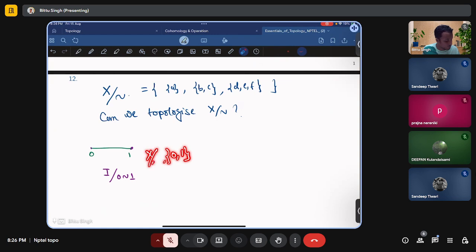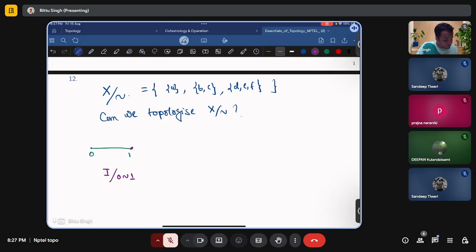So X mod this will look like this: {0,1}, and all other points x in [0,1] such that x is not equal to 0 and not equal to 1 are singletons. Is this relation clear? That only 0 and 1 are identified. That is the equivalence relation.